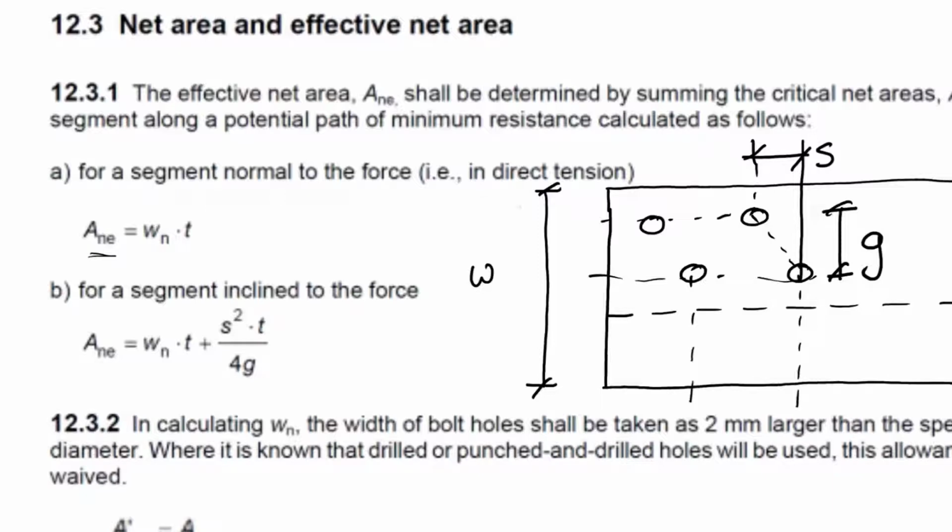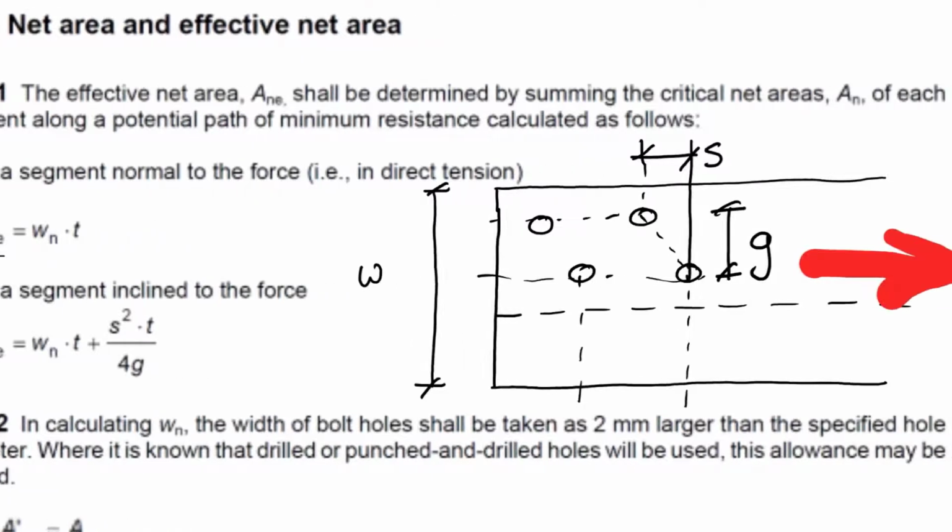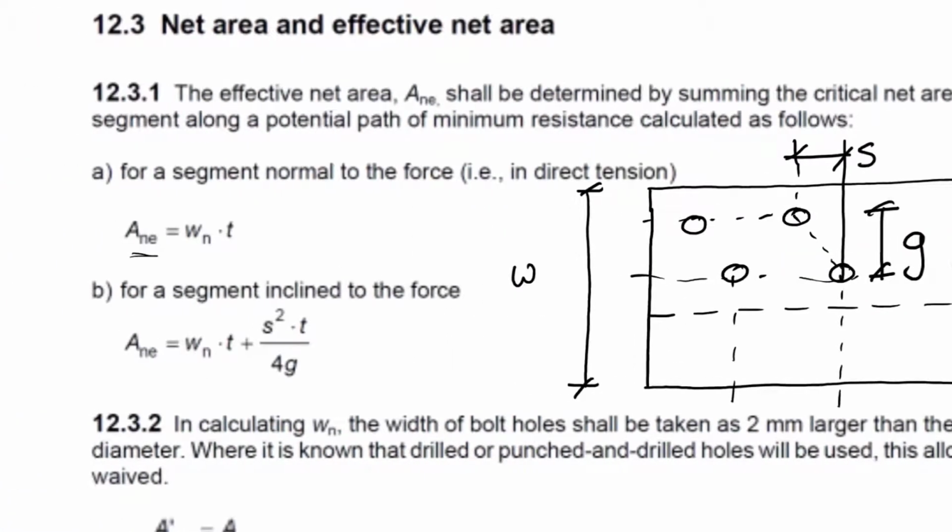For a segment normal to the force, so we've got our force pulling on there. And so now for a segment inclined to the force, and this is talking about segments, so we'll just add it up. You add on a little bit of extra material. So if you are dealing with that piece there, it's between the bolt holes, so you subtract the bolt hole off.